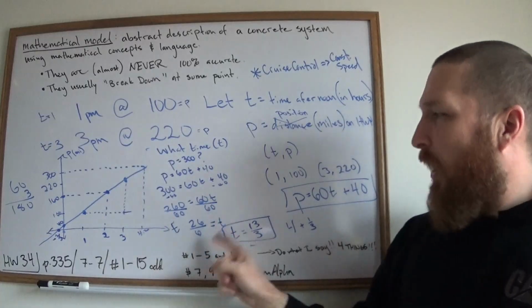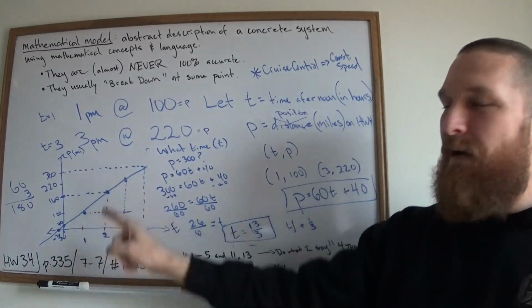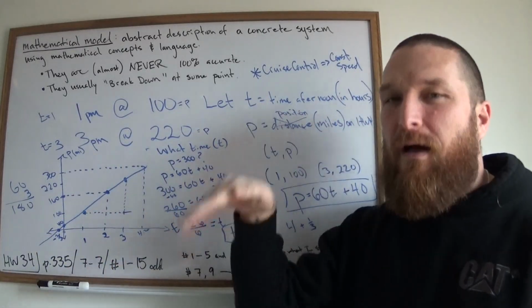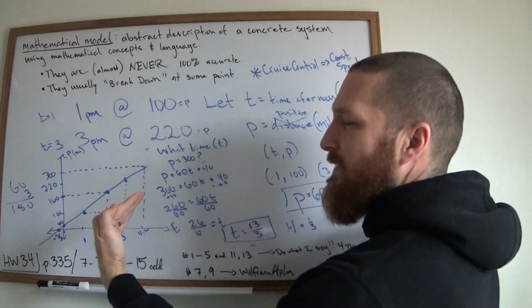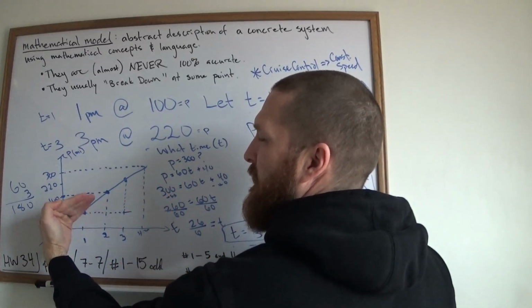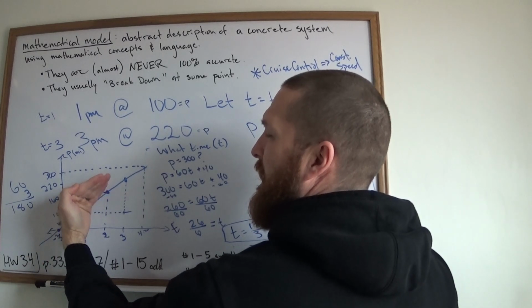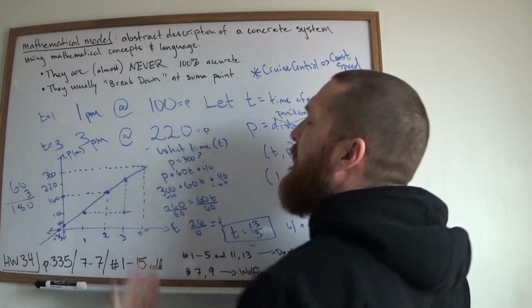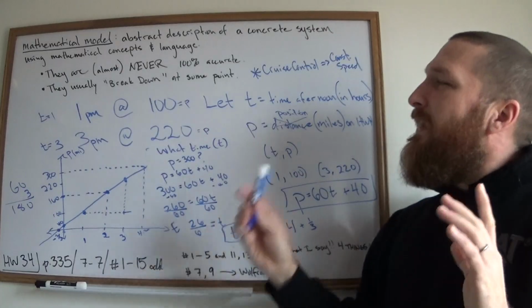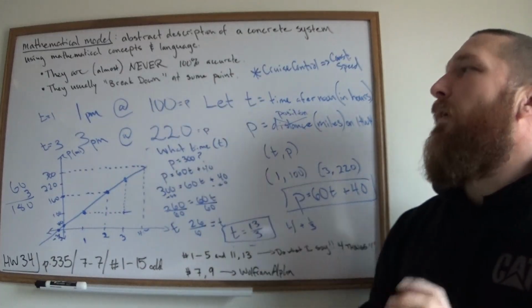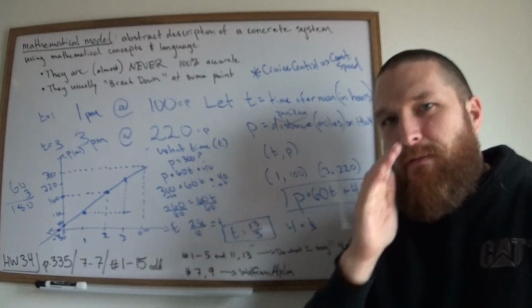So you weren't going 60 this entire time. You were probably going up and down a little bit, so your slope wasn't always 60. You probably slowed down a bit and then came up a bit and then slowed down and then went above. That's just life. No model is ever 100% accurate, almost.